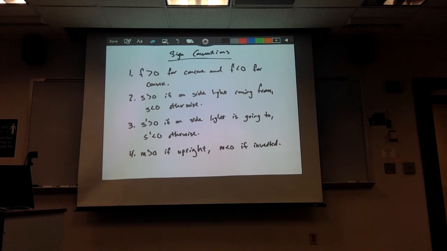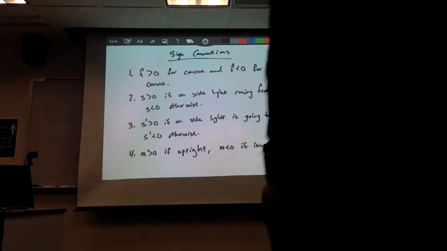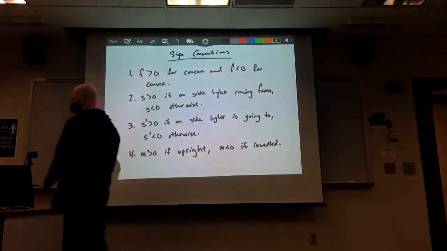Now when we do lenses next, the rays refract through the lens and travel through it. So in that case, instead of being on this side, both lenses. Yes. All right.